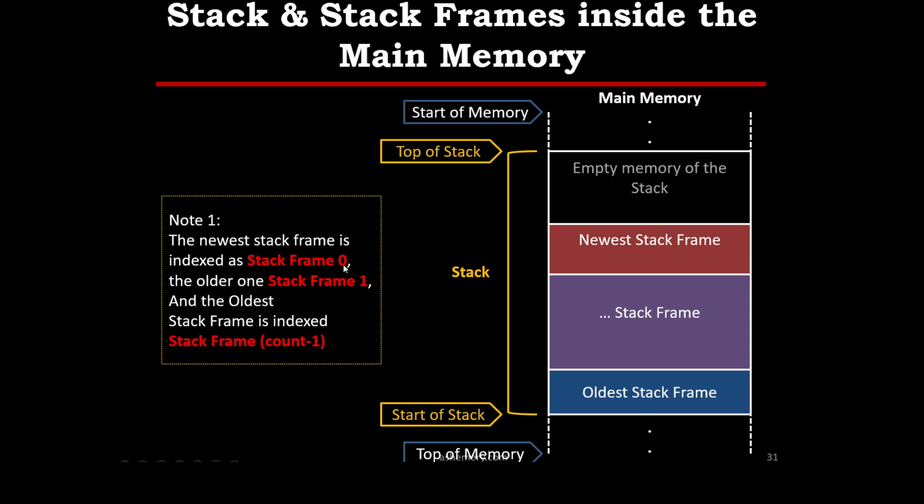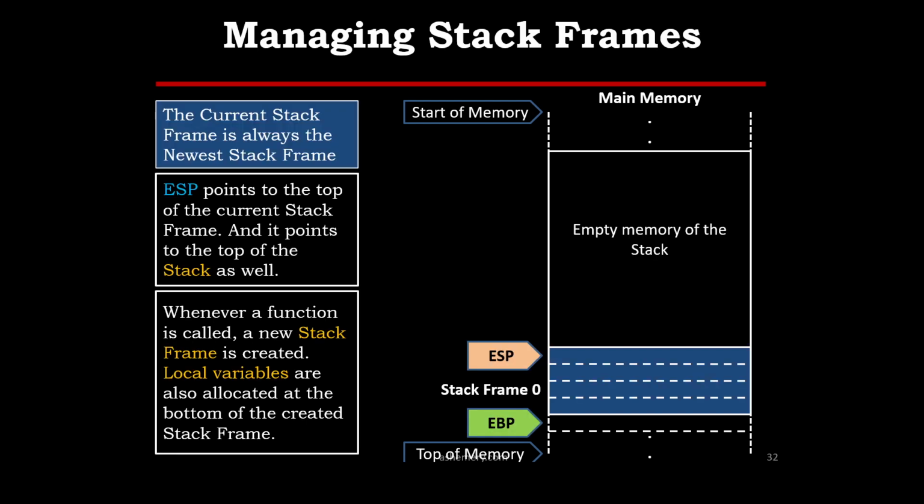The one before it will be number 1, and so on and so forth. So the newest stack frame is indexed as stack frame 0, the older one as stack frame 1, and the oldest stack frame is indexed as stack frame count minus 1. Keep that in mind. Here we have 1, 2, 3 stack frames.